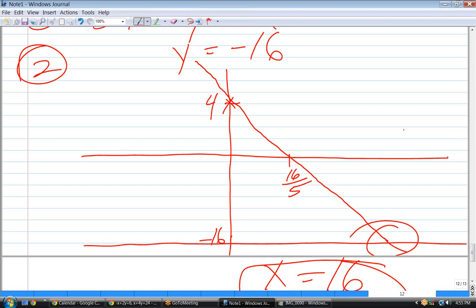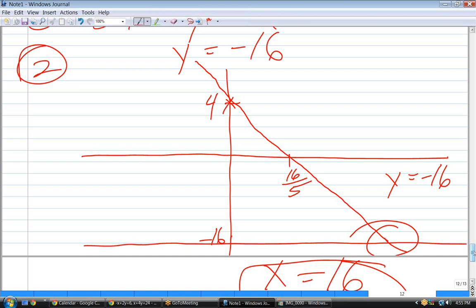I certainly can tell that y equals negative 16. That's part of it. X is clearly positive, but we don't know what it is. That's because when you solve two equations graphically, if you don't have grid paper, you don't really know what the answer is. If you have grid paper and it's a whole number, you can probably read it properly.